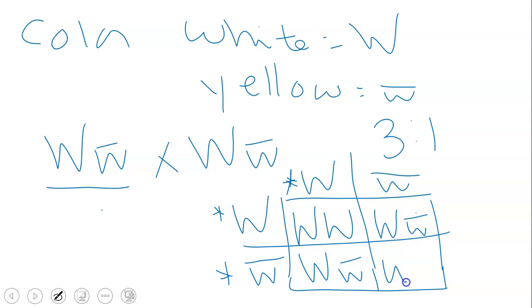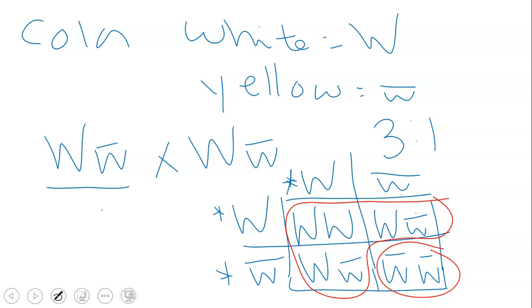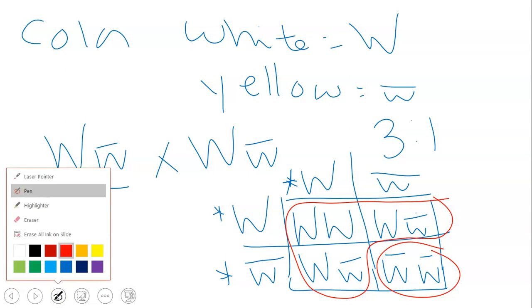And in our last box, we're going to have little w, little w, homozygous recessive, and that's going to be our yellow. So hopefully you can see, we'll grab a different color here, where we have our 3-to-1 ratio. So for every yellow, there should be 3 white offspring produced. Okay, so that's it for question number 1. Let's go to question number 2.